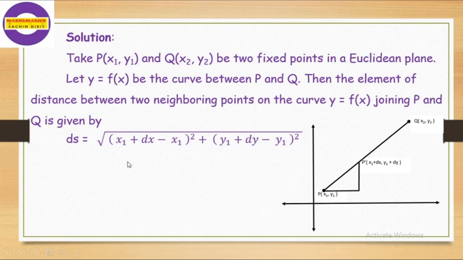That means we have to apply the distance formula for P and P dash. We get this result. Now simplify this. x1 gets cancelled, y1 gets cancelled. ds equals under root of dx square plus dy square.